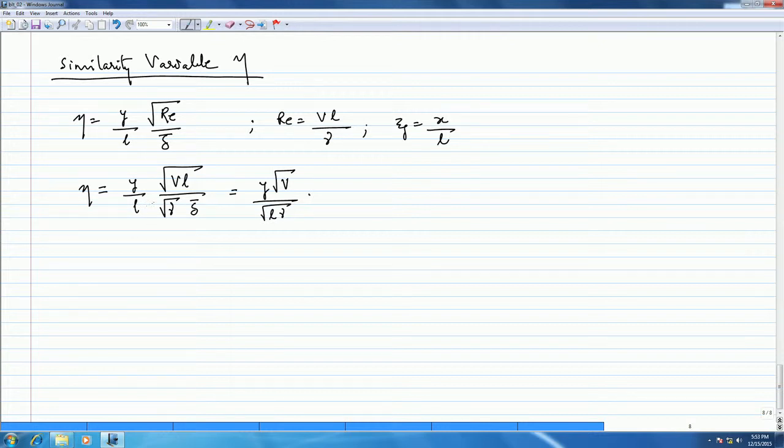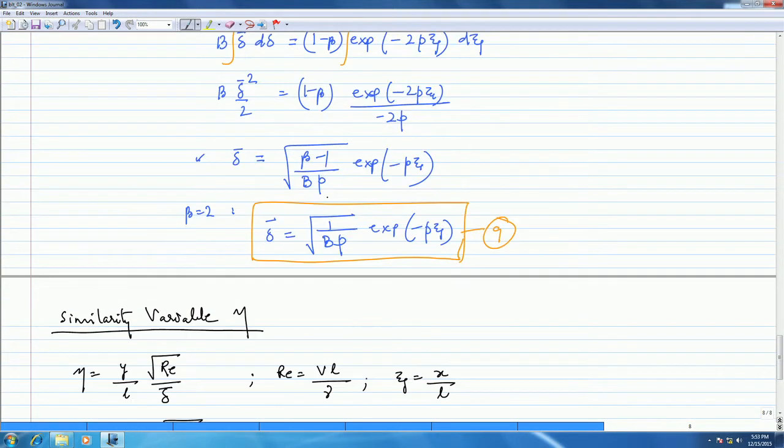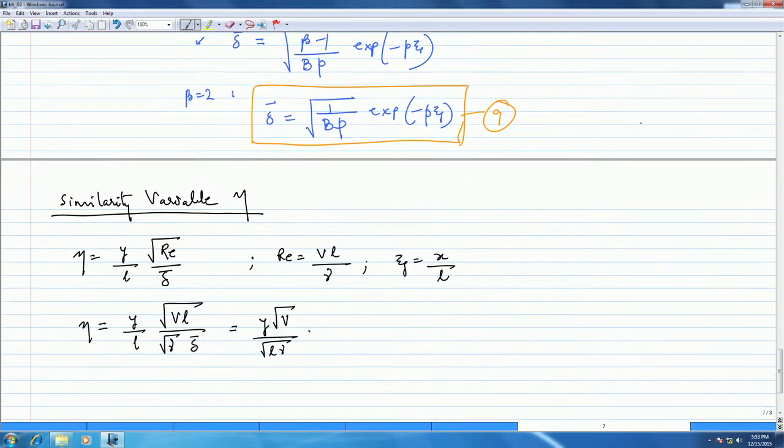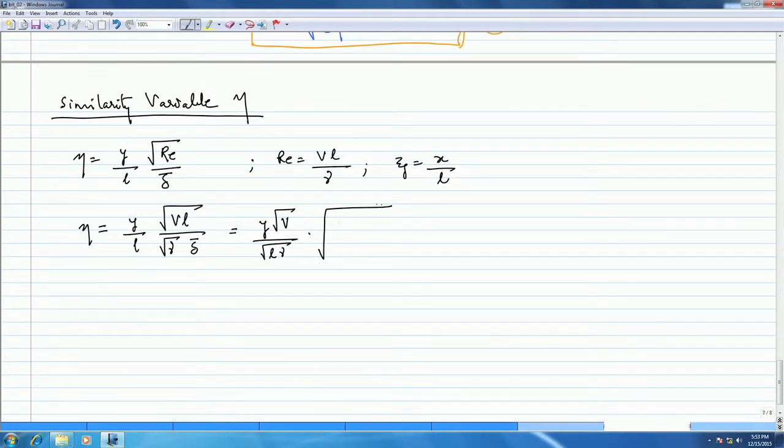You have an under root L here in the numerator, and an L here, so I'm dividing by that. So I put these two inside, L and nu together. And I'm writing out 1 by delta bar, which is nothing but this m value, this one, so that is b, and the way I write that out is, again, b times (1 plus m) by 2, into 1 by zeta to the power (1 minus m) by 2.